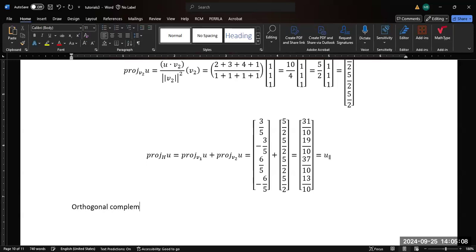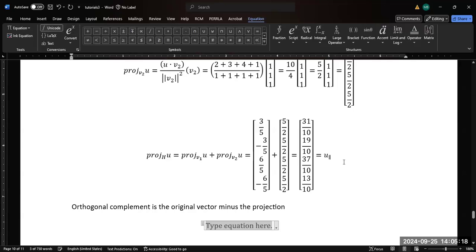And the perpendicular component, the orthogonal complement, is the original vector minus the projection. And that is a vector which is orthogonal to the space. And so to indicate that, I will indicate that using a perpendicular notation, because that is the vector which is perpendicular to the subspace.